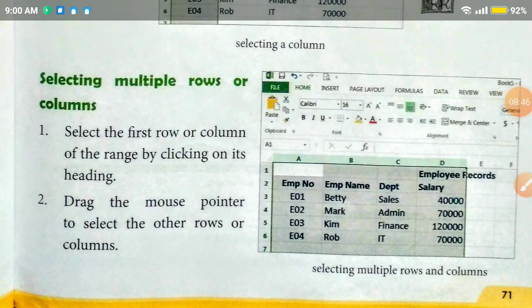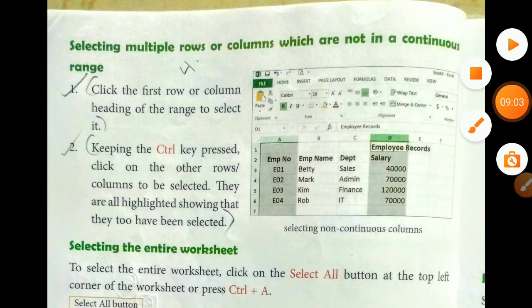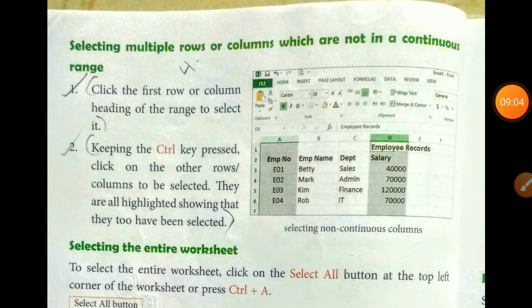Next, selecting multiple rows or columns. Select the first row or column of the range by clicking on its heading. Then drag the mouse pointer to select the other rows or columns. Next is selecting multiple rows or columns which are not in a continuous range.